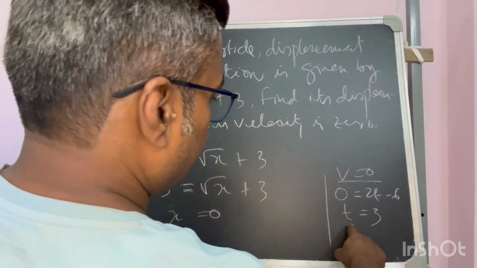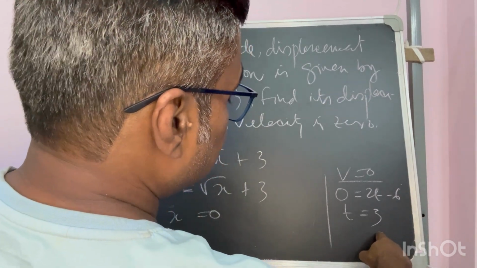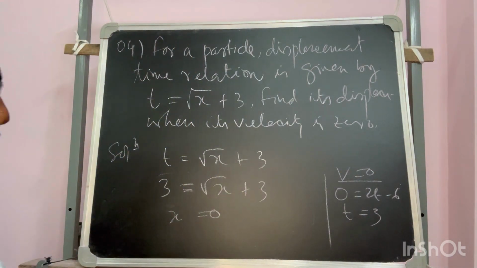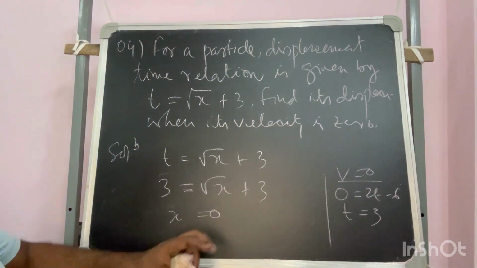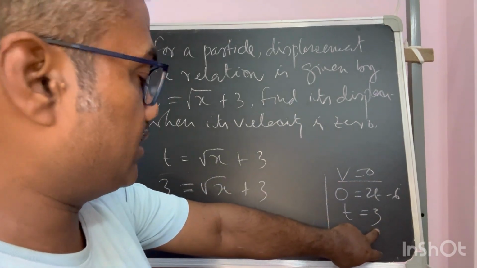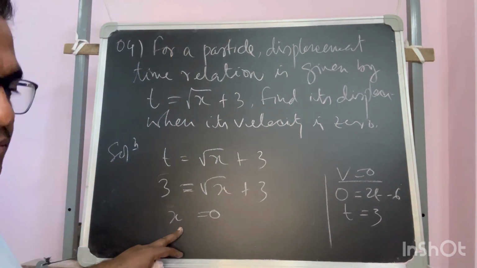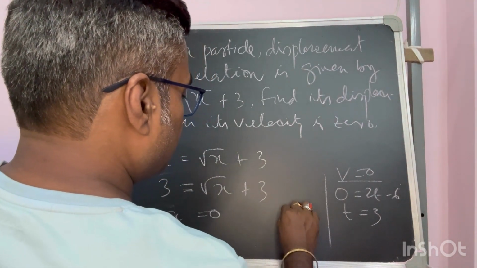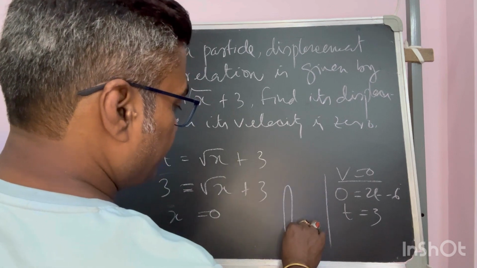That means at t is equal to 3, velocity is 0 and displacement is 0. How is it possible? Velocity becomes 0 after some seconds, but how can displacement be 0? That means the motion may be a linear motion against gravity.